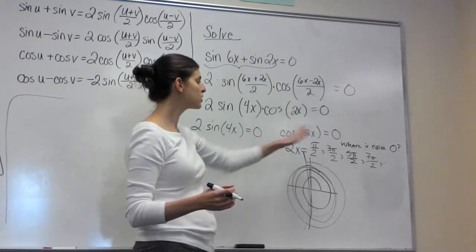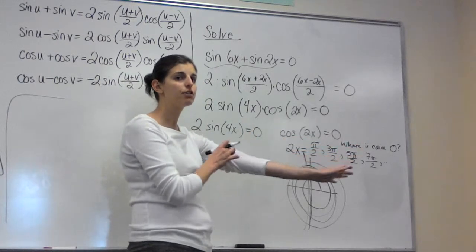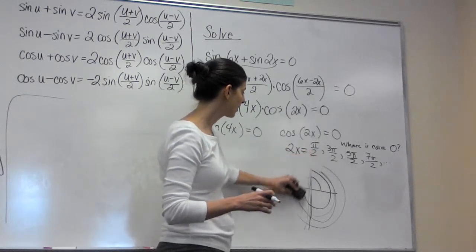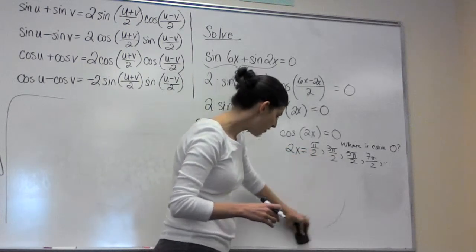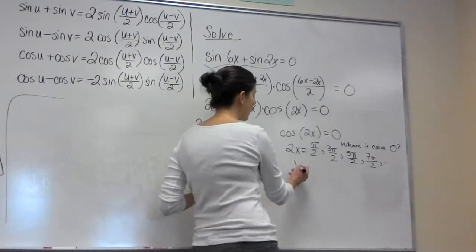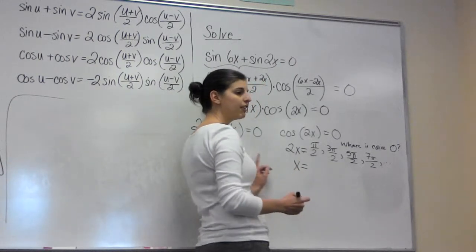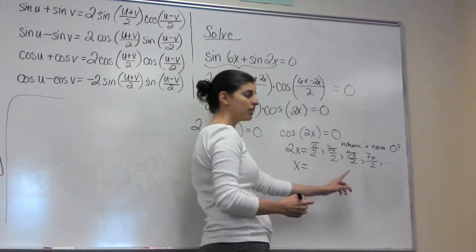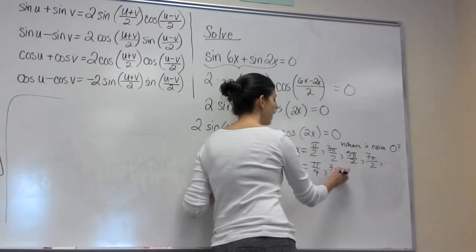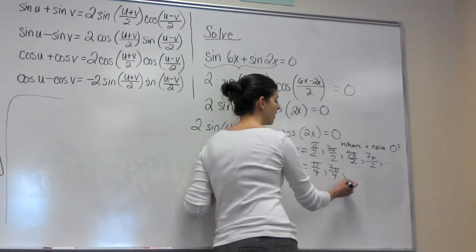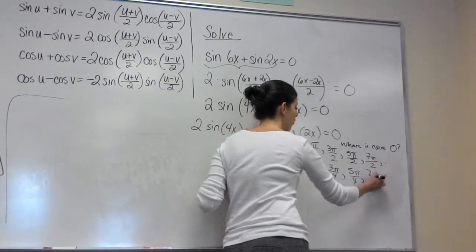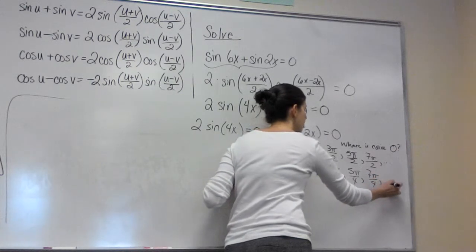I'm just listing multiple angles here. How do we solve those for x? You divide by 2. Now you can divide by 2, and we're going to divide them all by 2. So x equals pi over 4, 3 pi over 4, 5 pi over 4, 7 pi over 4, and so forth.